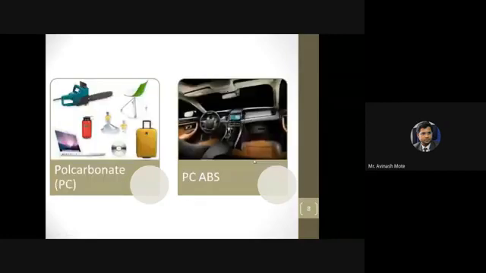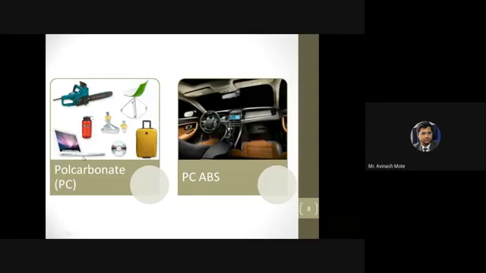Next one is polycarbonate. This also you know, polycarbonate sheets. This ABS is used for manufacturing the inside part and body of the laptop, though it is an electronic material. The body is made from ABS plastic.